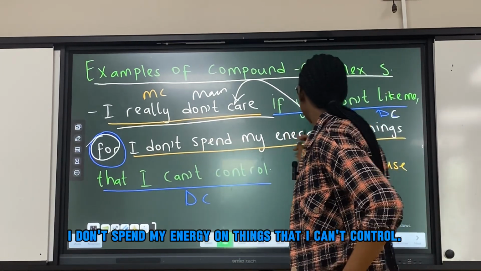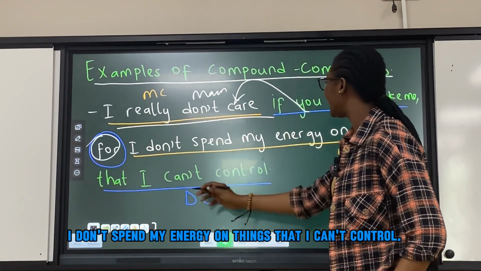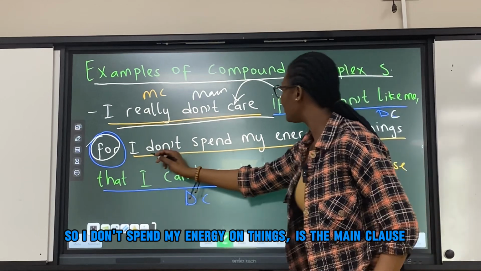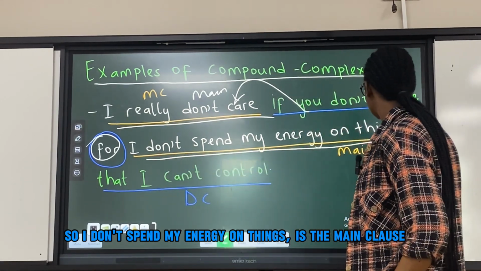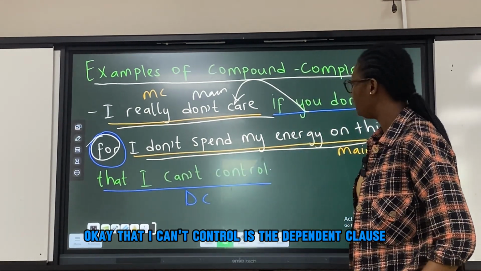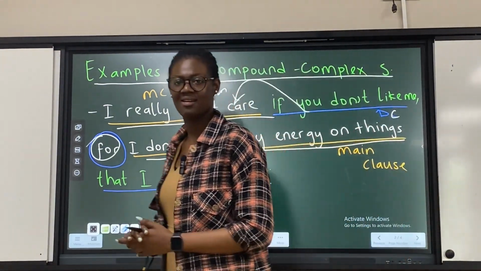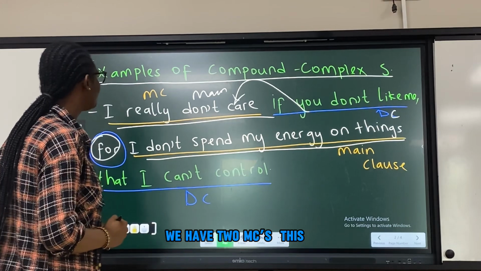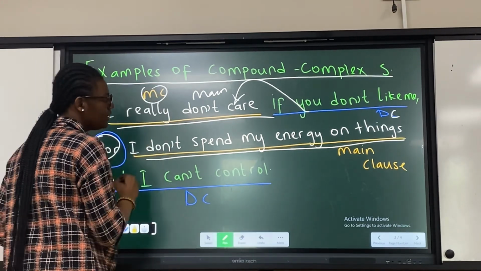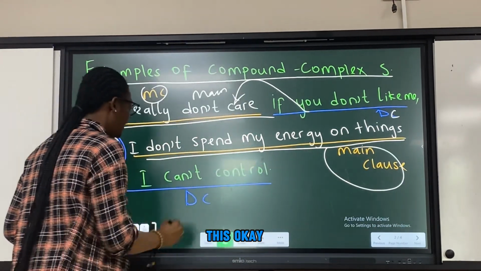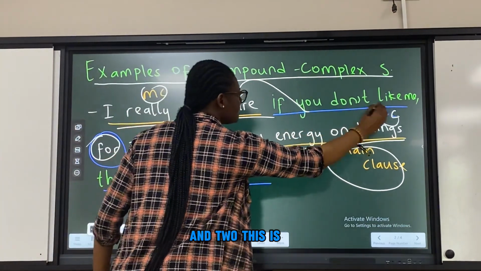I don't spend my energy on things that I can't control. So I don't spend my energy on things is the main clause, okay? That I can't control is the dependent clause. So if you look at the board, we have two MCs and two DCs.